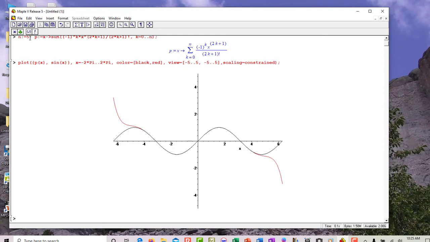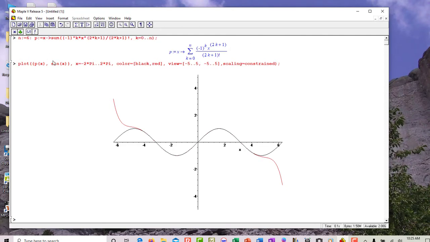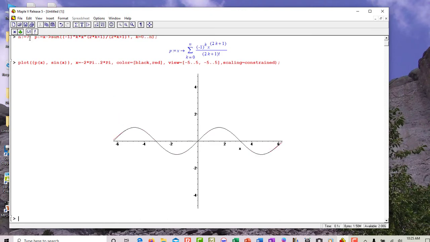What if we make this 6? That's the Maclaurin polynomial of degree 13. 2 times 6 is 12 plus 1 is 13. The match is way out here now. Very close. 7. The match is all the way out here almost to -6 to +6 now.